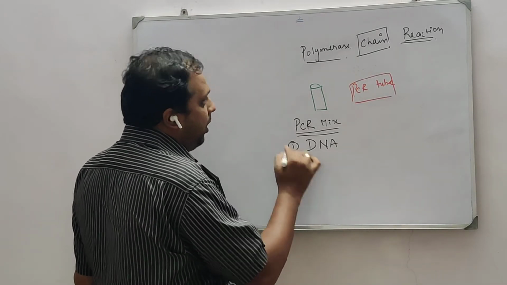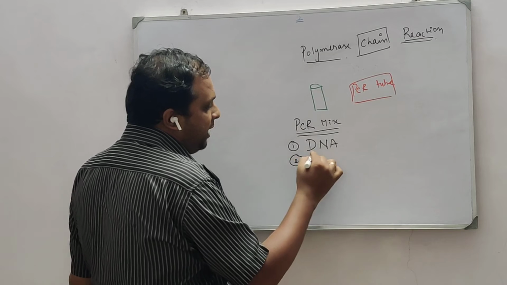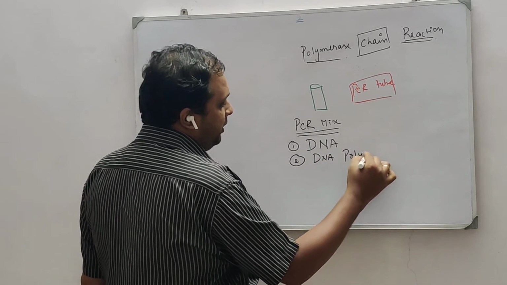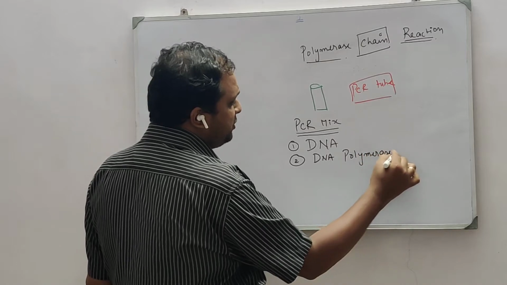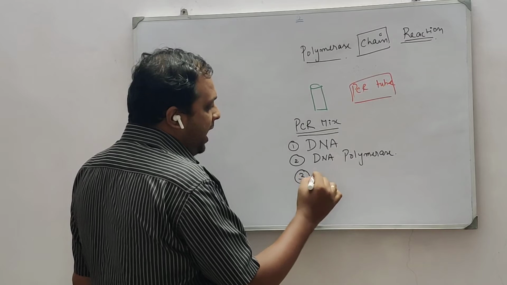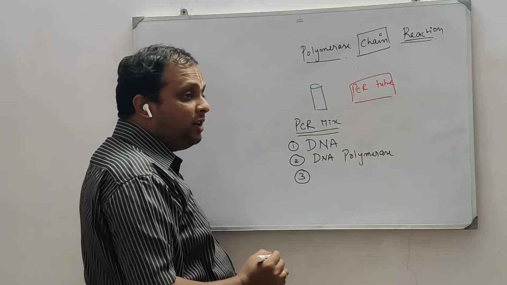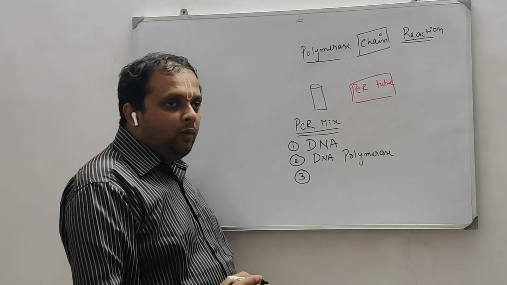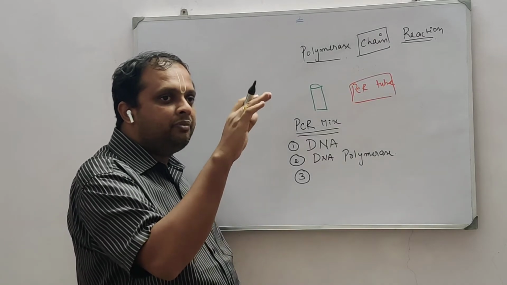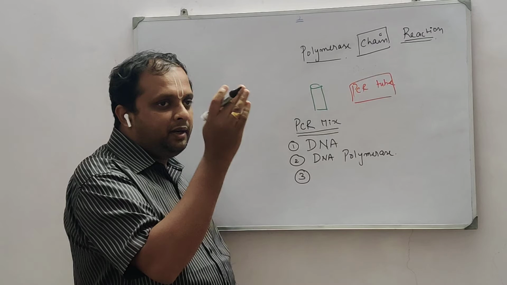Second thing, obviously this is done by polymerase. So I have to add DNA polymerase. This is going to be my second reagent. Third, I have to add something for the polymerase to add. What does polymerase do? It will look for the template and add complementary nucleotides.